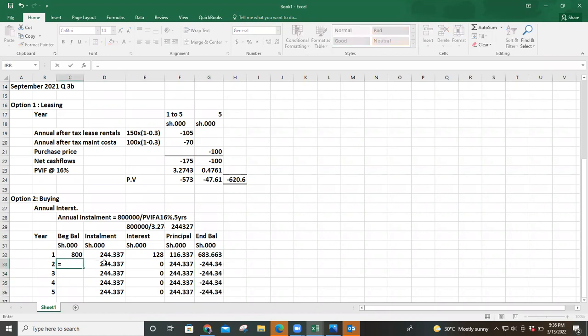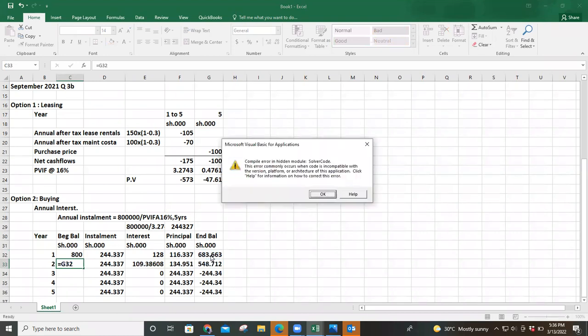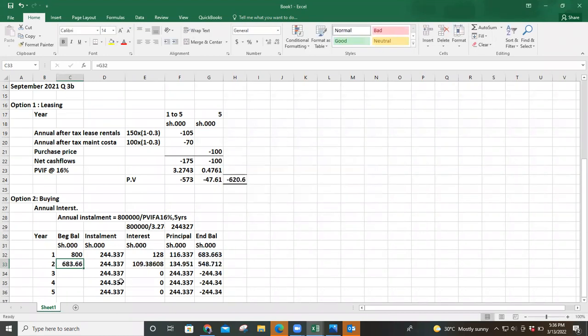So this one equals the balance at the end of the year. Then of course, we can get our interest tax shield. We'll get it later because you're supposed to adjust for tax.